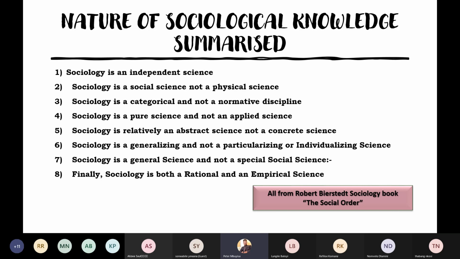And finally, sociology is both a rational and an empirical science. And these are, in a way, approaches to scientific knowledge. We say empiricism is based on experience and facts, while rationalism stresses the reason for those observations, the theories that can result from logical inference to those observed events.